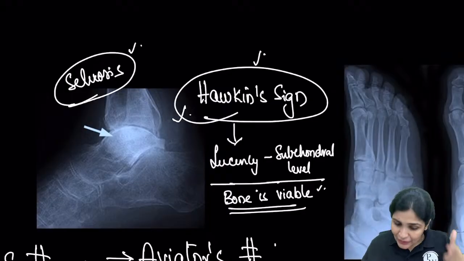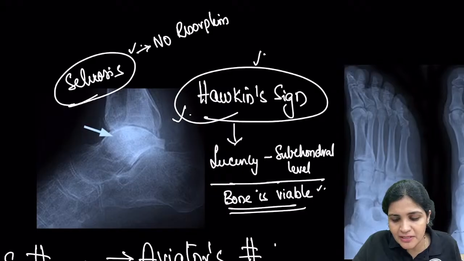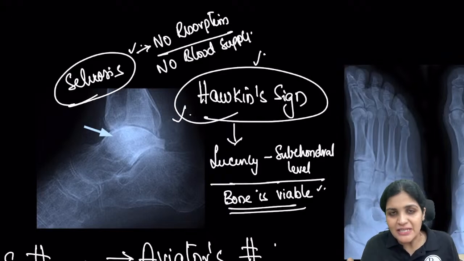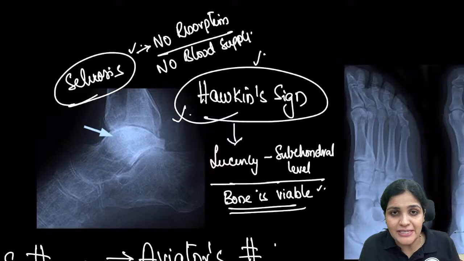Bad. Very good. Why bad? No resorption. No resorption means no blood supply. Understood? So if there is lucency, that means there is blood supply and the bone is viable. So Hawkins sign is whenever there is lucency, the bone is viable.